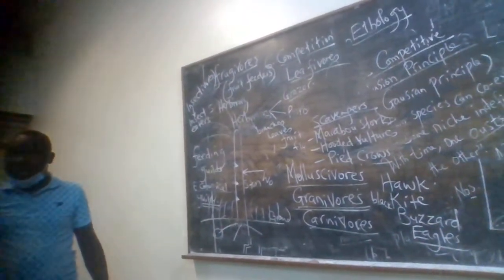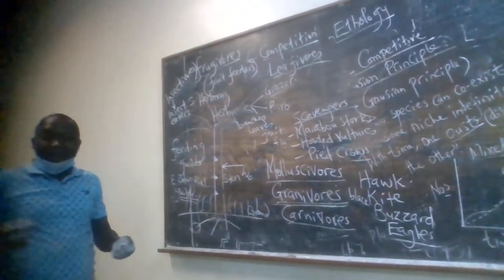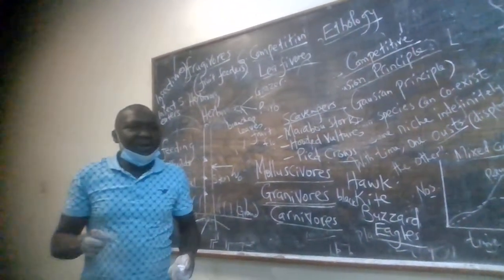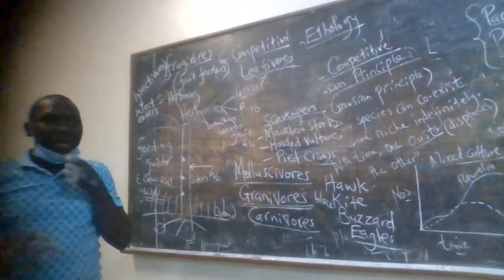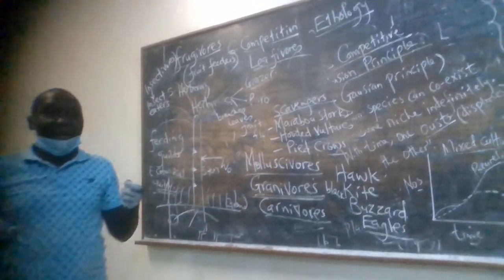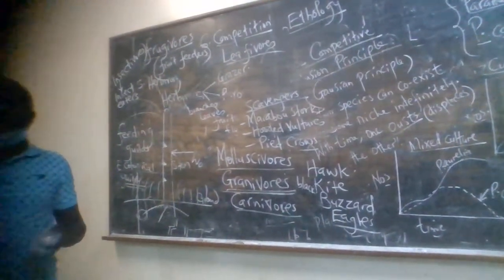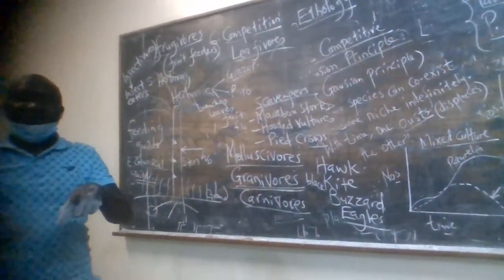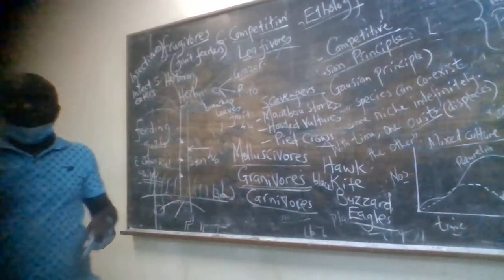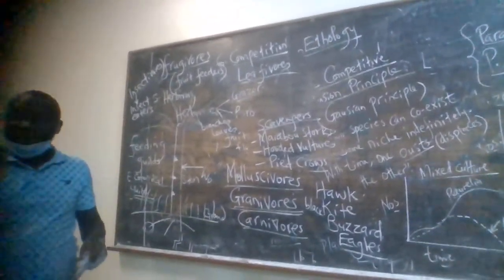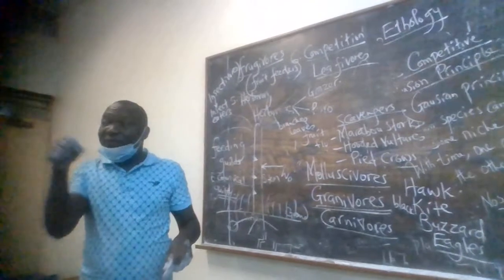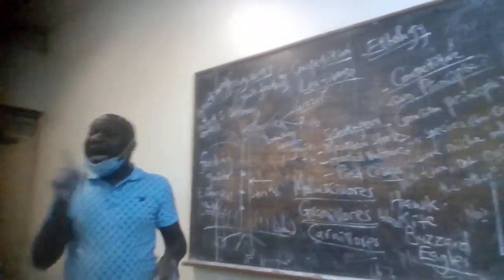Another biotic interaction is called what? Mimicry. In mimicry, they try to copy a model, like butterflies, which are palatable, and those which are unpalatable. Some butterflies could be poisonous, and when a bird feeds on it, it may die.